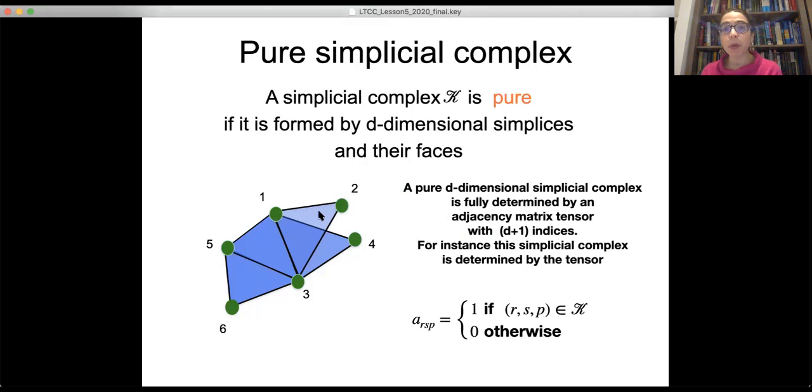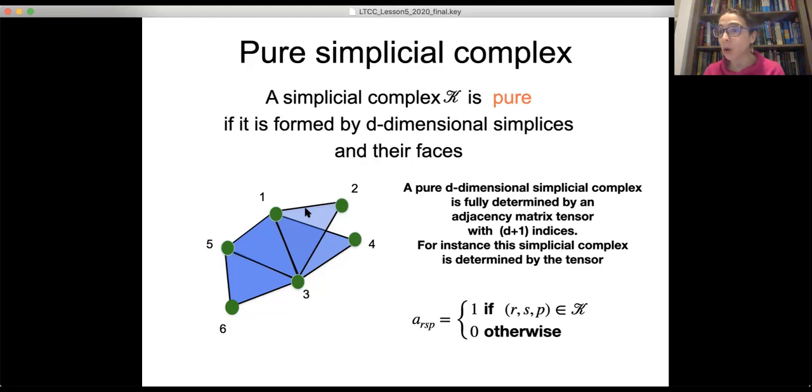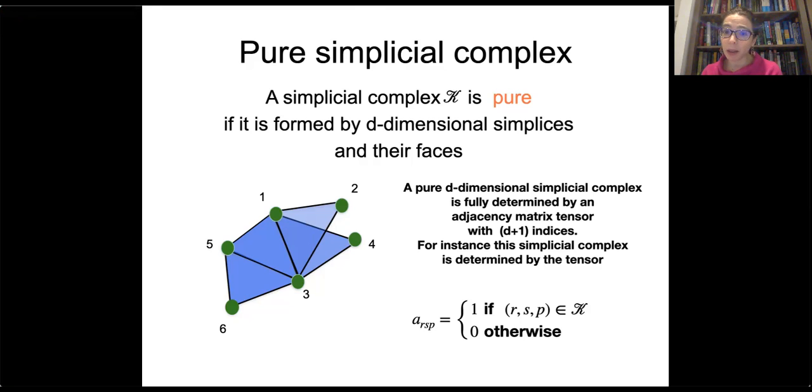A pure simplicial complex is a simplicial complex whose facets all have the same dimension, and this is the dimension of the simplicial complex. So for instance, a d-dimensional pure simplicial complex is formed by d-simplices and all their faces. In this case, a simplicial complex can be characterized by a tensor of d+1 indices.